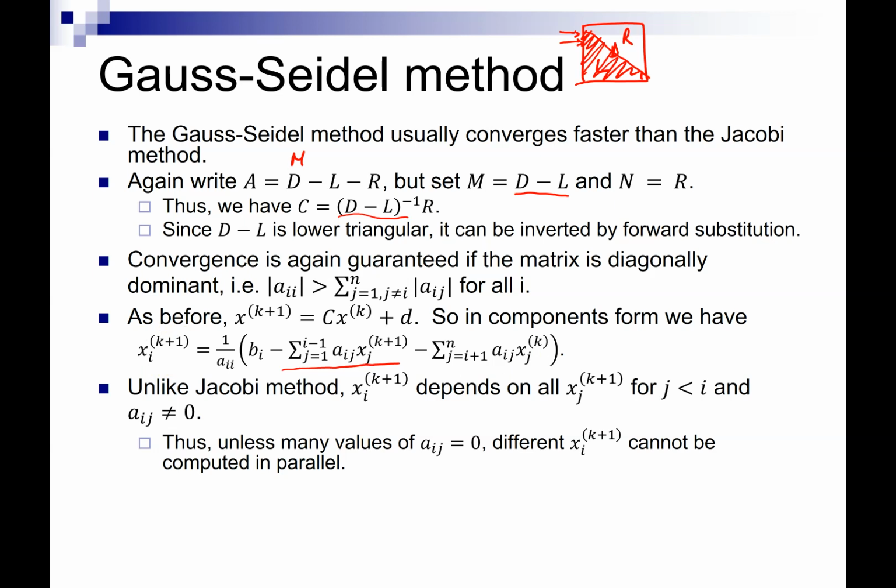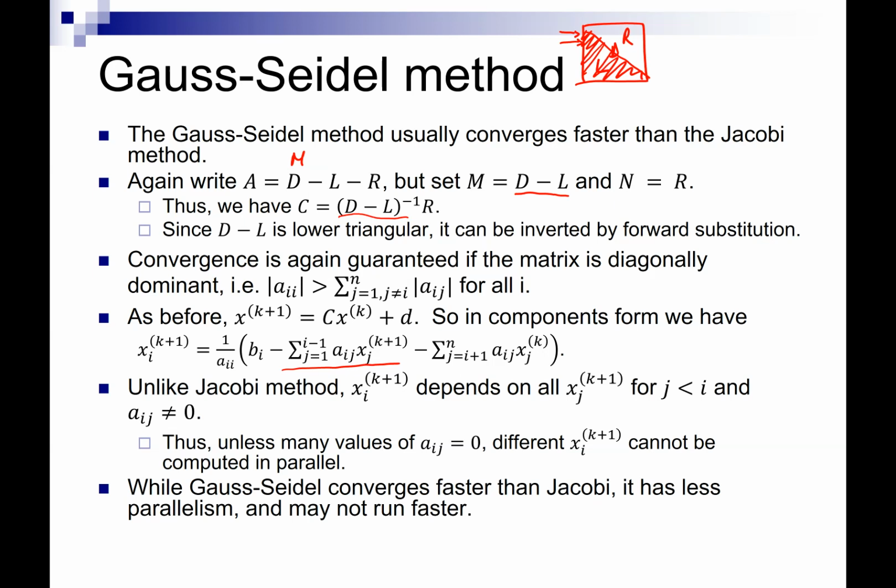However, for the Gauss-Seidel method, you can't do that anymore, because when you're trying to compute the ith component, you need to first compute the components up to i minus 1 in the k plus first iteration. So that means that for the k plus first iteration, you need to go through these components basically one by one to compute them, instead of computing all of them in parallel.